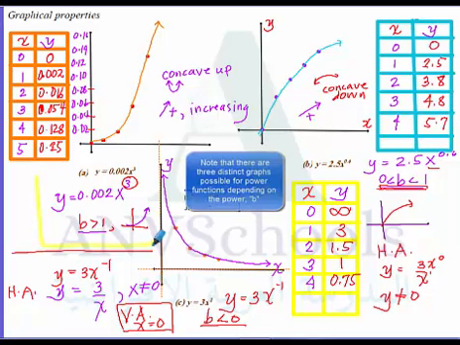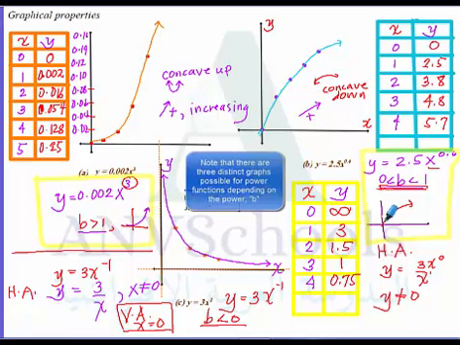This is the first one. If your b is greater than 1, you would have a graph which is going like that, okay? If your b is in between 0 and 1, such as in this case, then your graph would be something like this, okay?